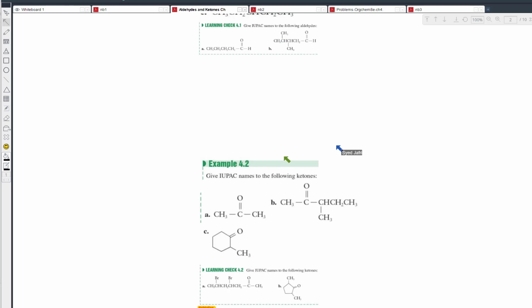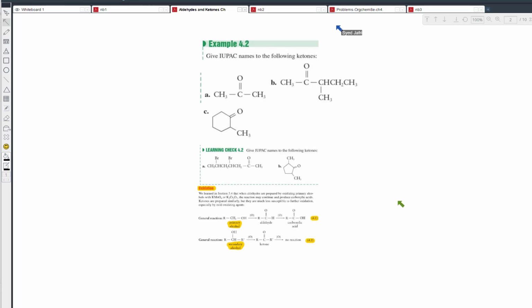Pentanol, you're right. That's very easy. Knowing the naming system for the previous functional groups and all that stuff definitely helps.